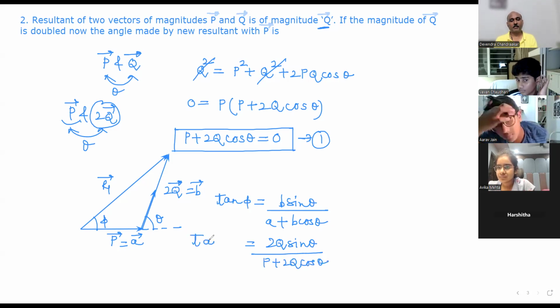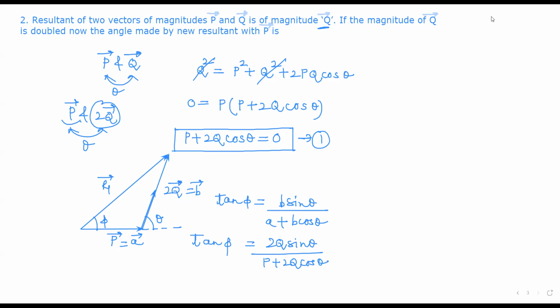This is tan phi. I hope all of you understood this. Those of you who have doubts in this question, understood or not? So 2Q sin theta is there, and what is P plus 2Q cos theta? Can you find this here? That's 0. So this becomes not defined.